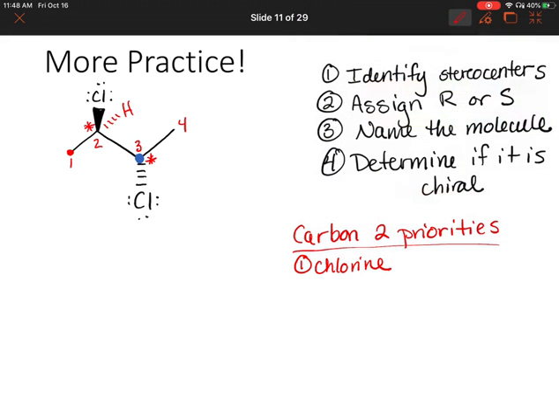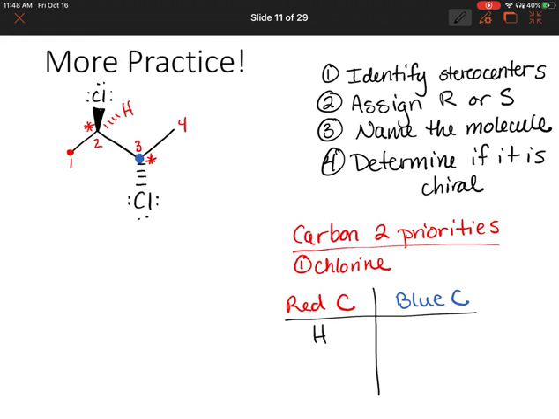And now we have a competition between the red carbon and the blue carbon. Okay, so the red carbon, which is carbon 1, we already said it's bonded to 3 hydrogens, right? So we're just counting the atoms that are down the chain.